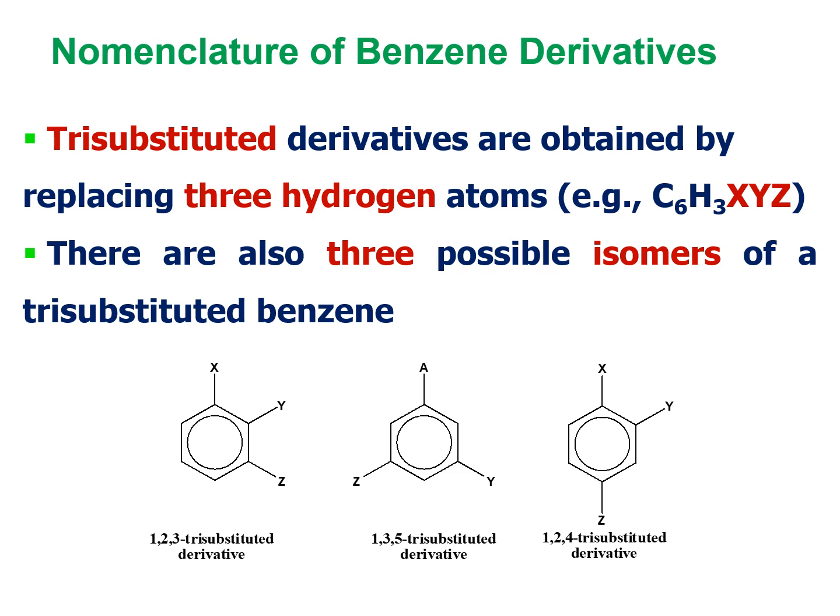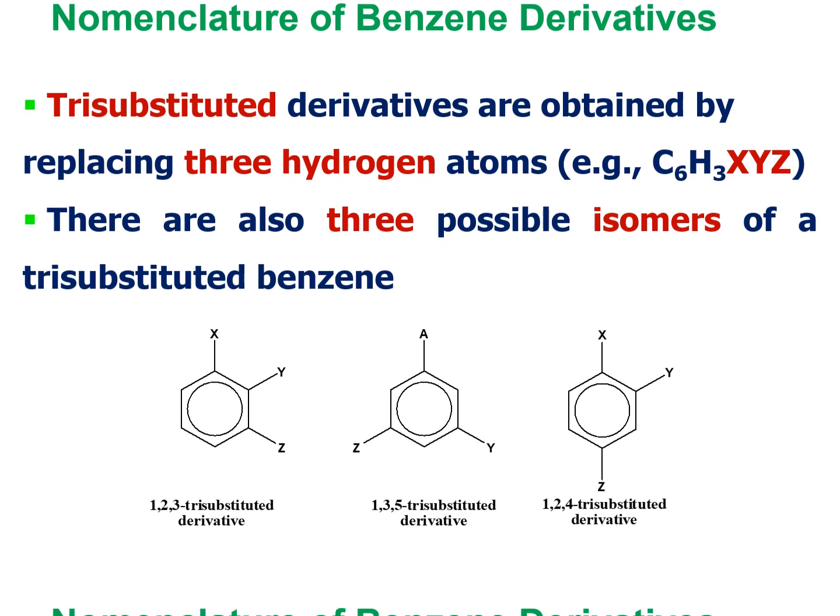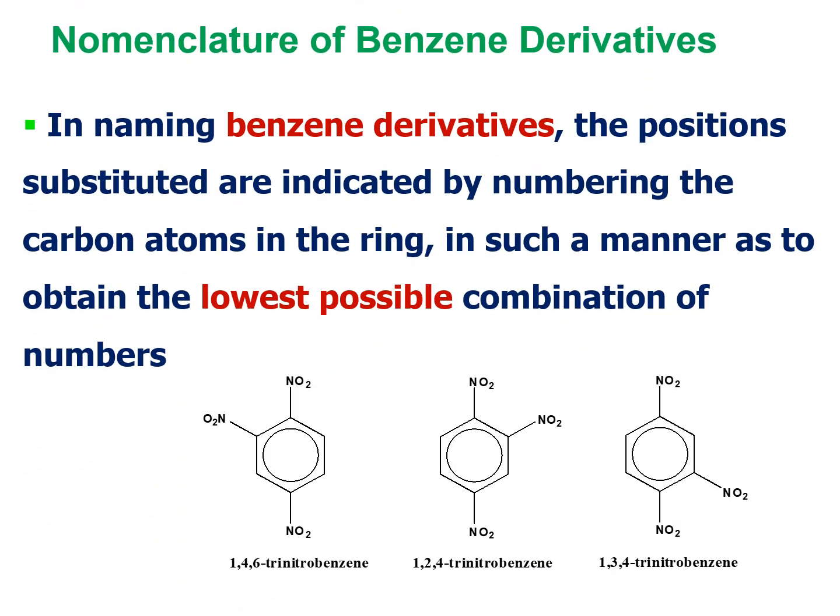Benzene can also be trisubstituted. In that case, I have to use numbers to indicate where these substituents are attached on the ring. I have to follow the route that gives the lowest possible combination of numbers. Looking at the structures below, we have nitro groups in 3 positions on this benzene ring. Structure 1 is 1,4,6.